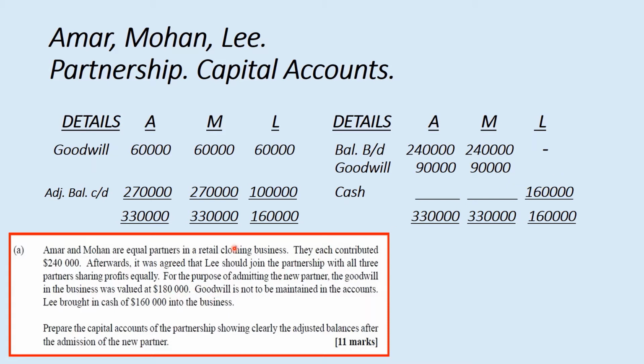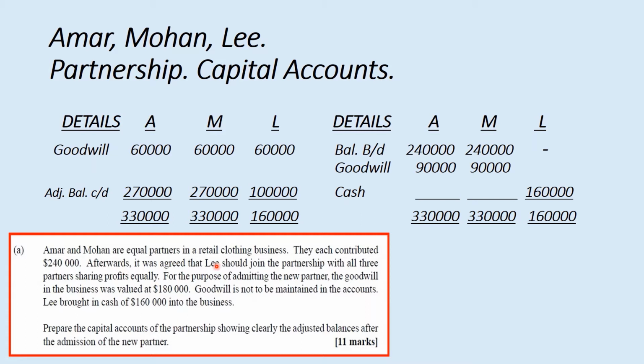Next, Lee is going to come into the business and he's going to bring $160,000 in cash. So we put the cash here into Lee's account and the cash here. Next, he is going to receive a portion of the goodwill.